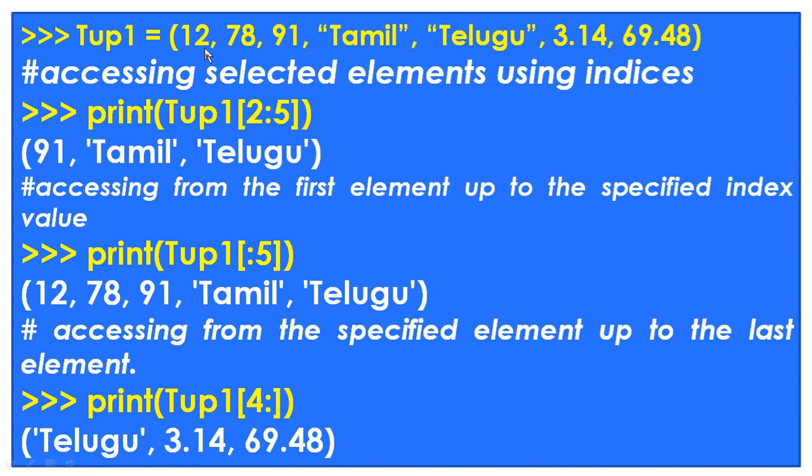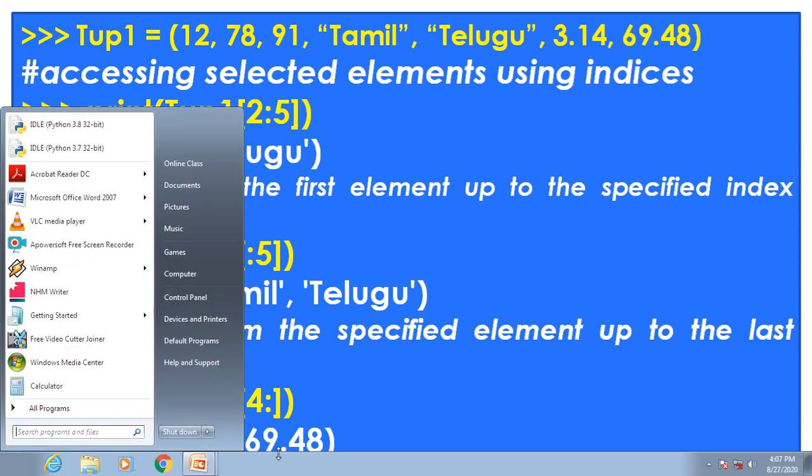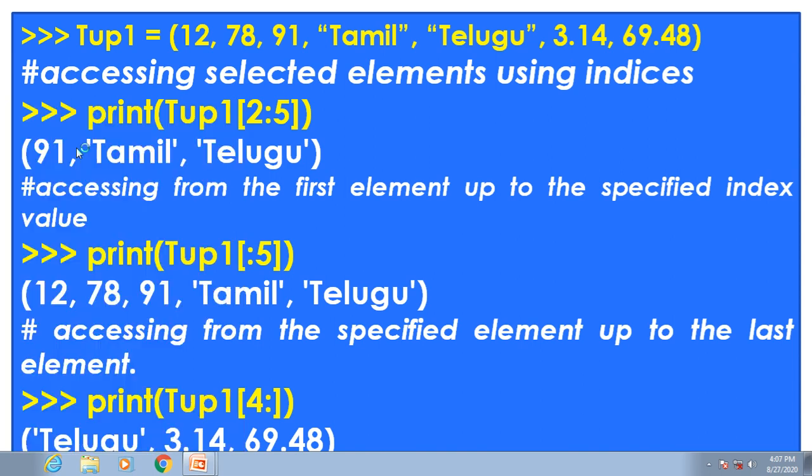The 4th element is 0, 1, 2, 3, 4, that is Telugu, and the final element is 69.48. So we get the result from Telugu to the final element. We are going to check these commands by using the IDLE window.